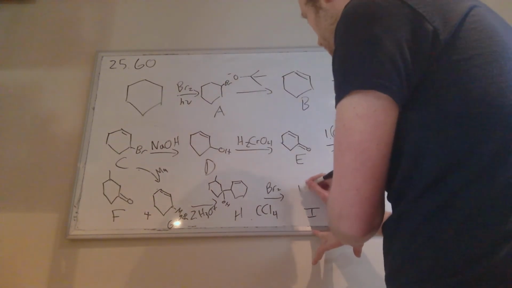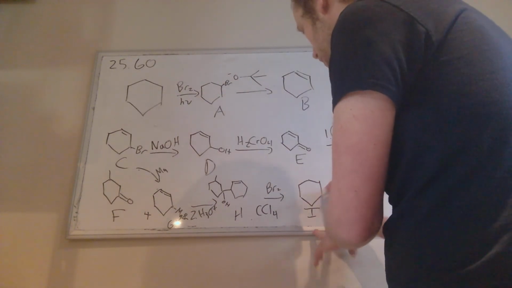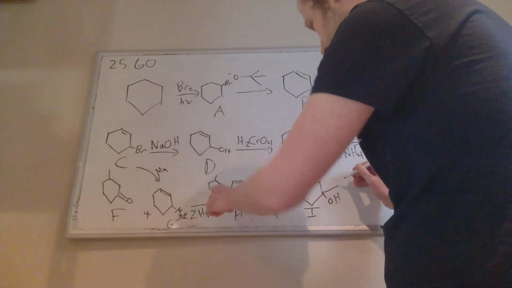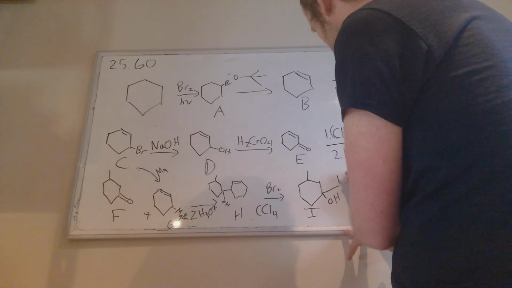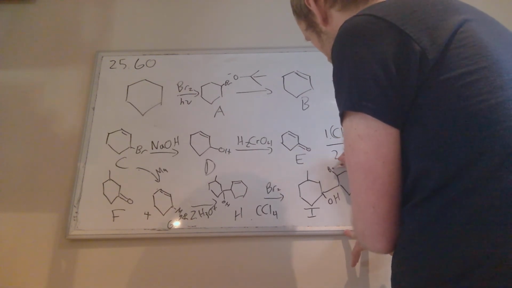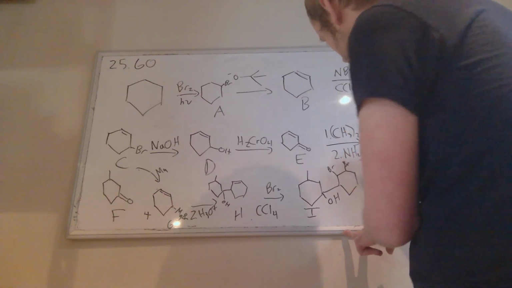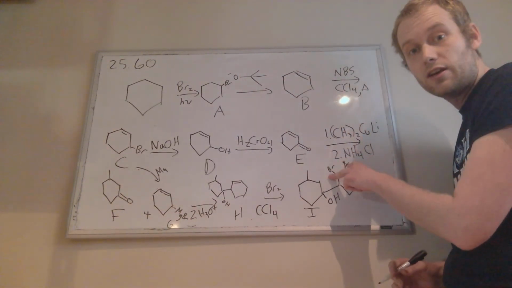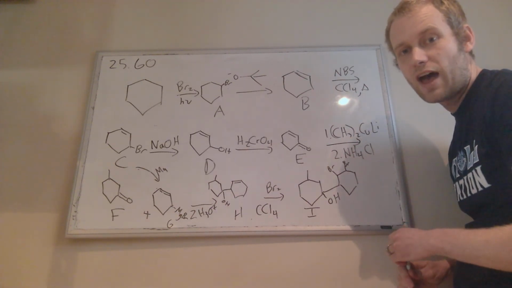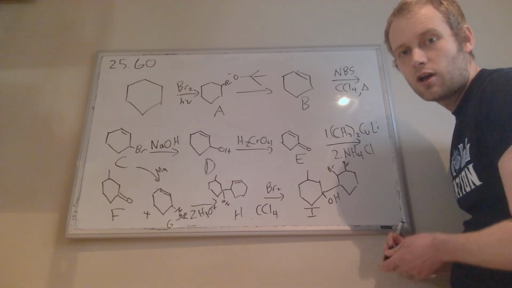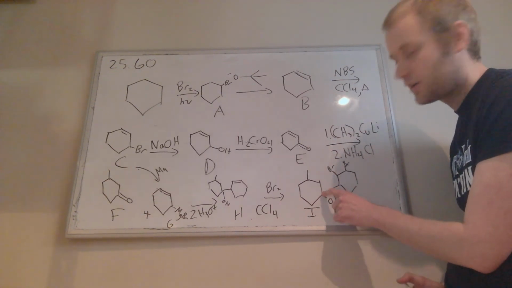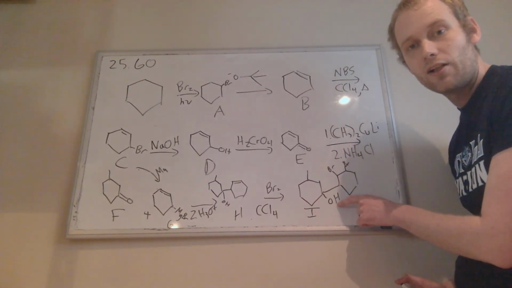And so we'll end up with a product that has the same ring that we see over here, still have an alcohol, and then instead of the alkene here, we'll have 2 bromines. These bromines are going to be trans to each other, but we'll have both versions, both enantiomers of that molecule. And because this is also chiral, we'll end up with a huge mix of products, which is why I didn't indicate any of the chirality on any of this.